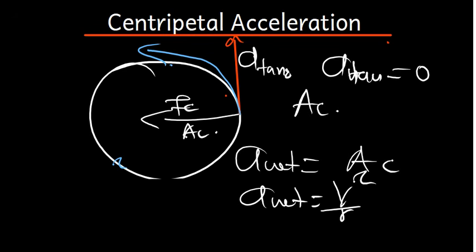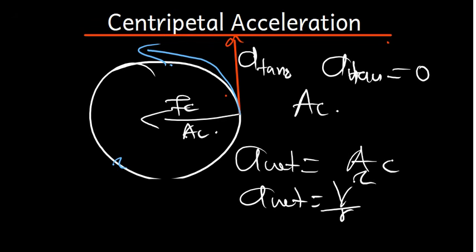Now, another point which you have to understand here is this. They can ask you to explain how an object moving with a constant speed can be accelerated. An object moving with a constant speed can only be accelerated in a circular manner. That is what we have to understand.